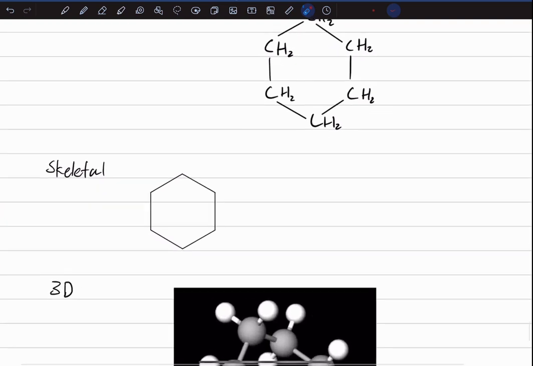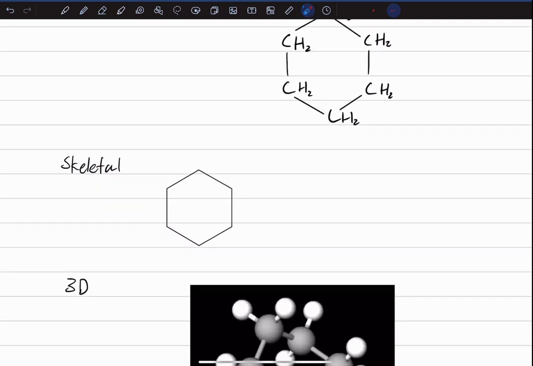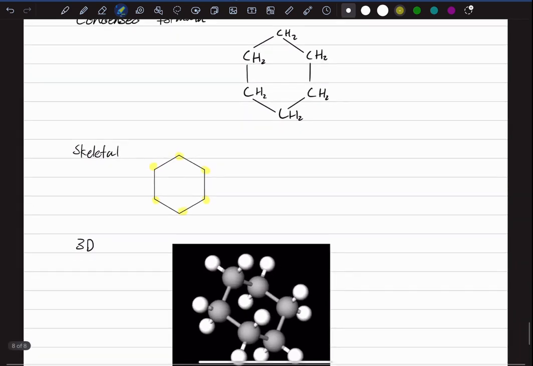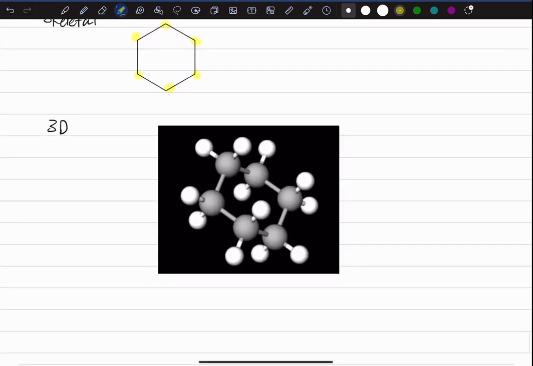In the skeletal, we have this hexagon where there's 6 carbons and the hydrogens are not shown. And in the 3D model, we can again see the 6 carbons and the hydrogens that are connected to them.